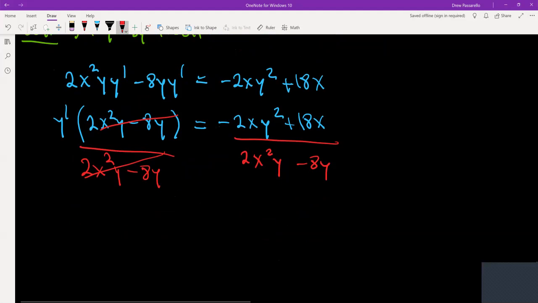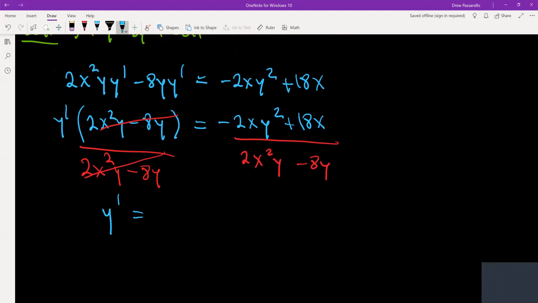All right, so let's see if we can do some simplifying. So y prime equals, all right, so the top part, negative 2xy squared plus 18x, I could factor out either negative 2x or positive 2x, whichever one I want to go with.